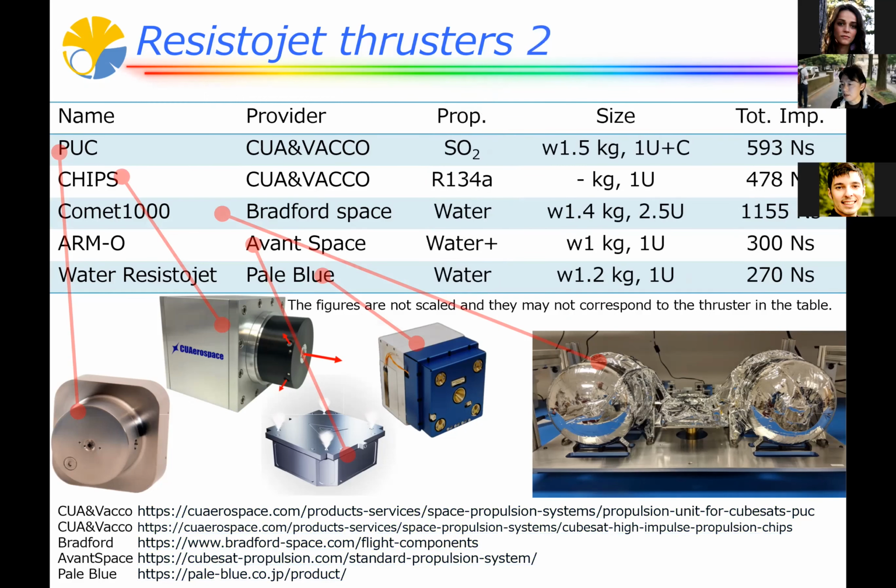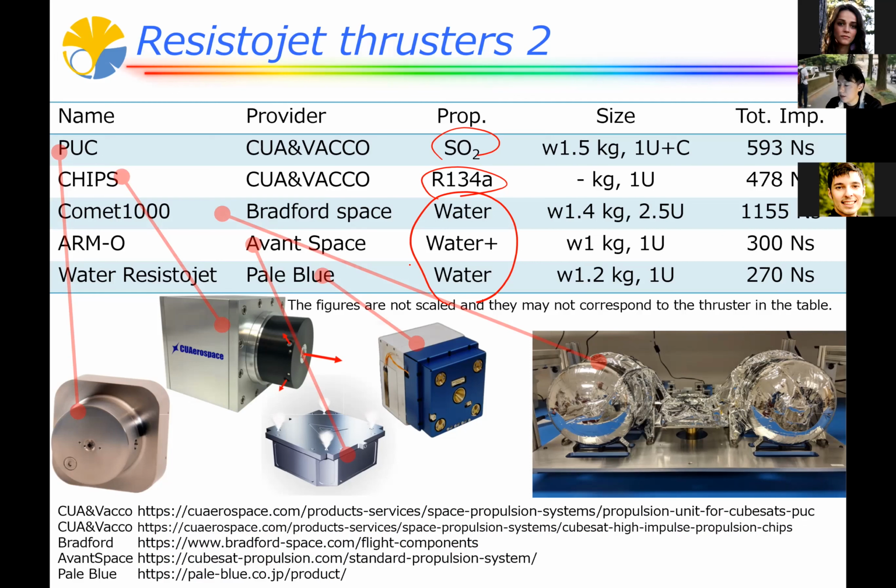And this is the size and propellant. SO2, and again liquefied gas. And also a remarkable point is here: many thrusters are using water as propellant. As I said, water is a very attractive propellant from the point of view of safety and handling, and also future in-space usage.